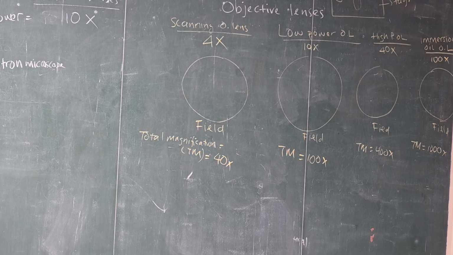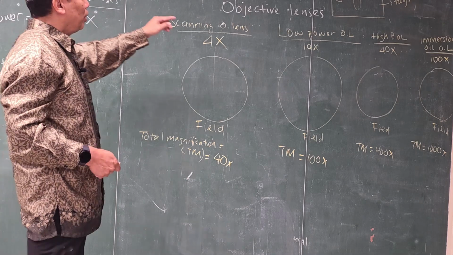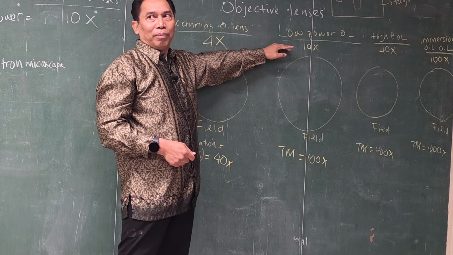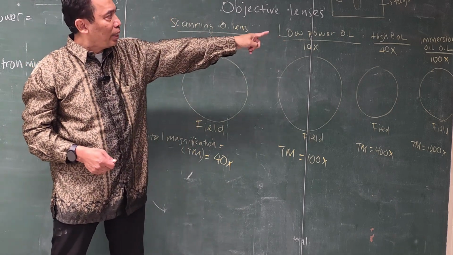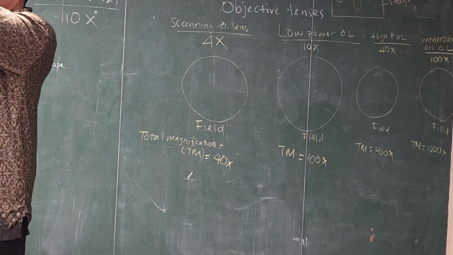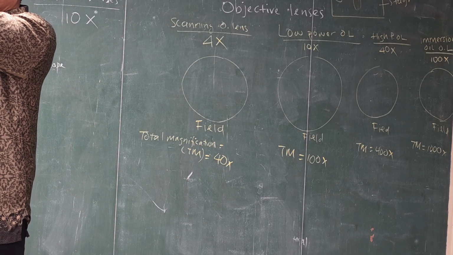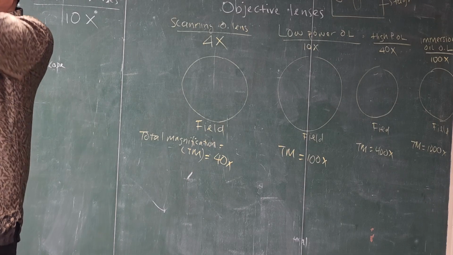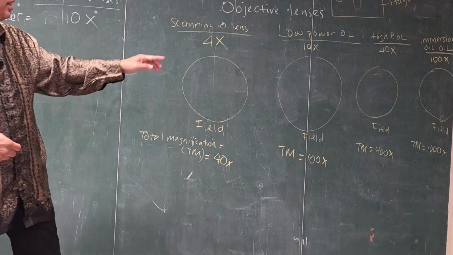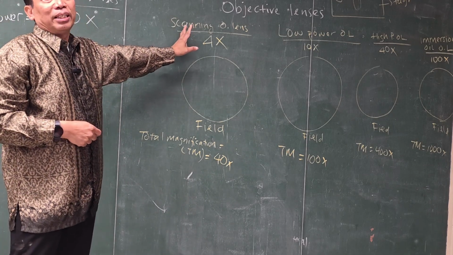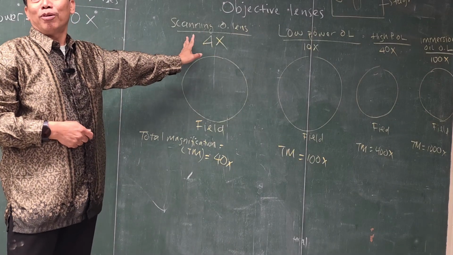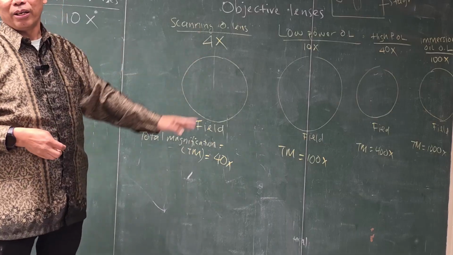Therefore, this knob can only be used for scanning and low power, mostly for scanning. Do not use it with the high power, because with high power the lens is very close to the stage. If you use the coarse adjustment knob, you might, boom, break the slide. Can you follow that? So only use the coarse adjustment knob for the scanning lens. You can use it a little bit for low power too, but the scanning lens is for coarse adjustment.